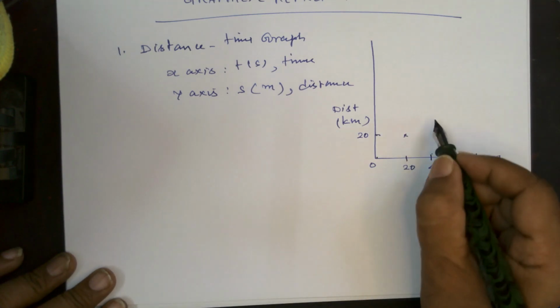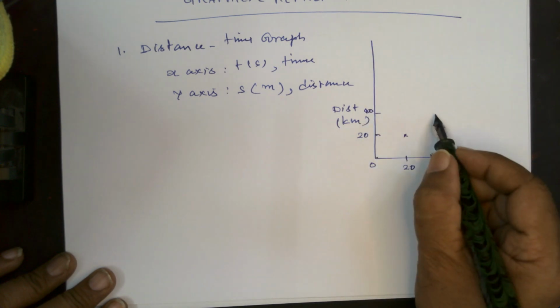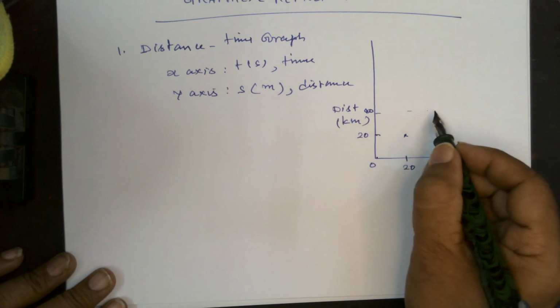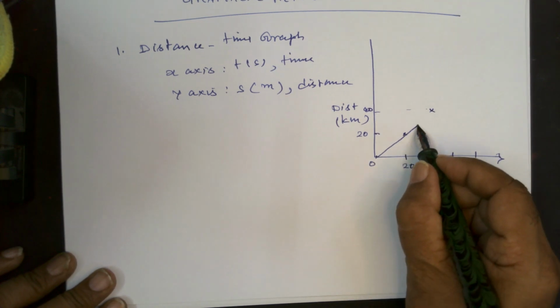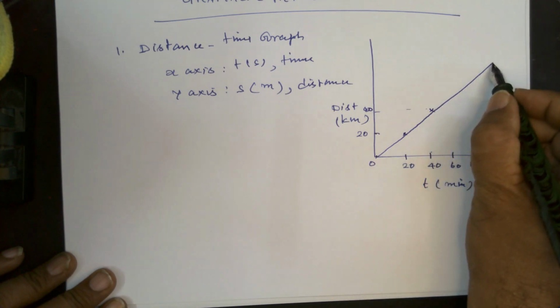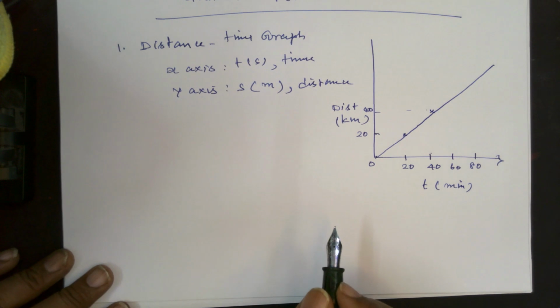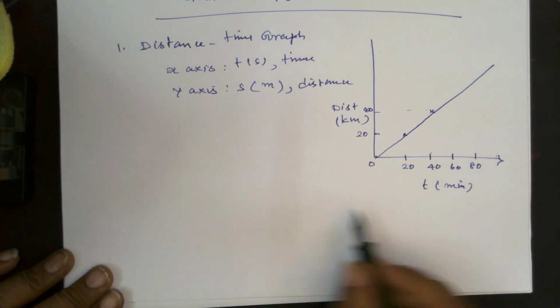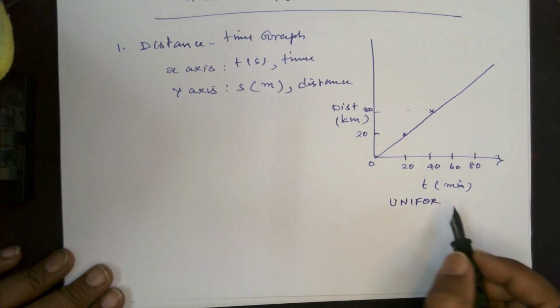In 40 minutes it is 40, that is here. So likewise it goes. From the origin you can draw a straight line. Now this is a uniform motion. Why? Because the velocity remains same.